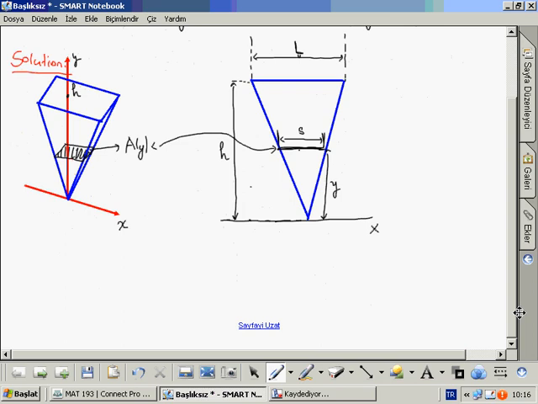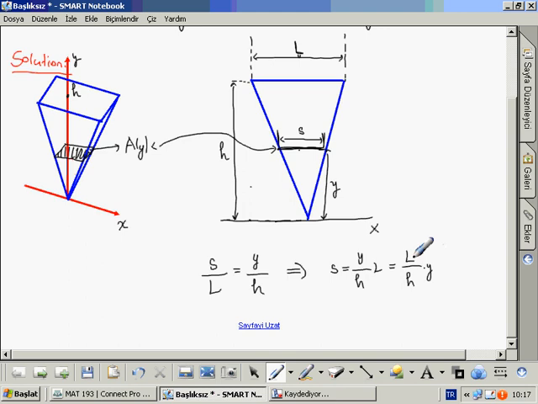In other words, we know that s over L equals y over h, right? And so we can say s equals y over h times L, or another way, L over h times y.